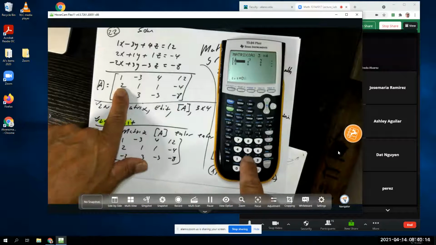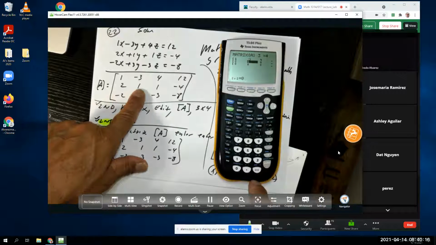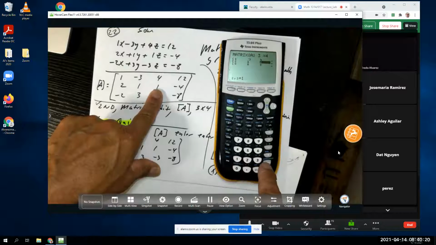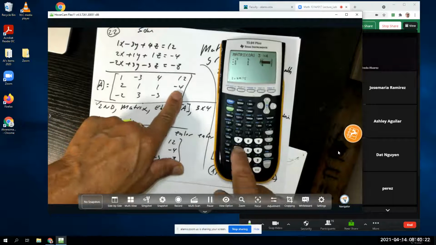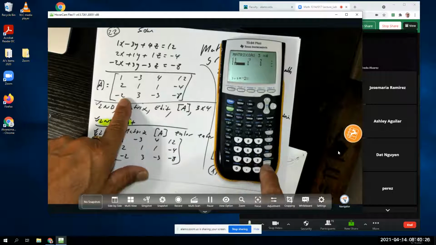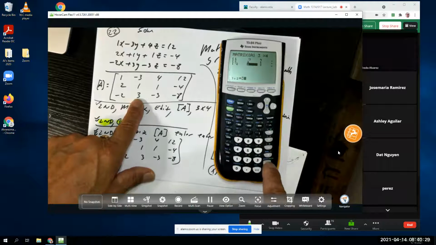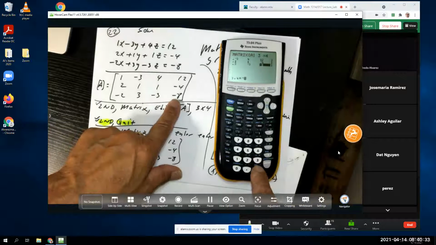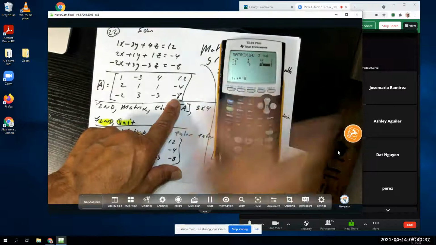Then I'm gonna put 2, hit enter. 1, hit enter. 1, hit enter. -4, hit enter. -2, hit enter. 3, hit enter. -3, hit enter. And -8, hit enter. All right, all the numbers are in.